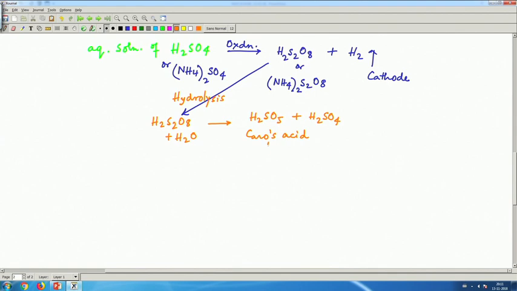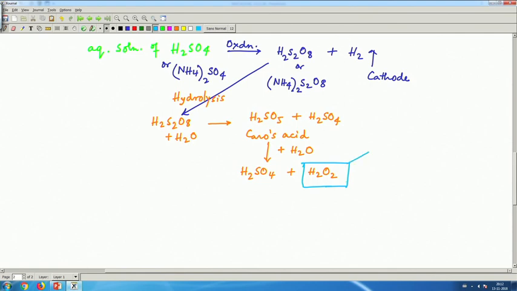So, when this is utilized for the reaction with H2O, it is giving us back our H2SO4 plus H2O2. So, this H2O2 is being utilized.